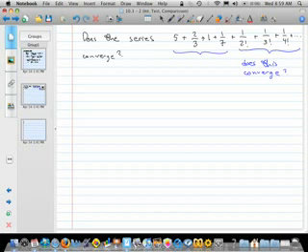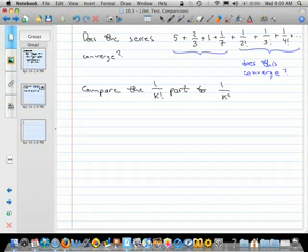So I want to compare the 1 over n factorial part to 1 over n squared.